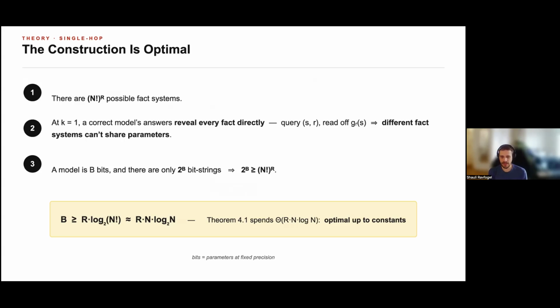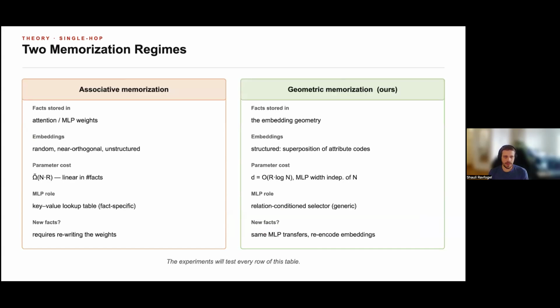So in terms of the total number of parameters, as I've mentioned, we don't do better than the MLP-based solution, just because you cannot do better asymptotically. But we do better in the sense that most of these parameters are cheap. They're in the input embedding matrix. So this presents the two regimes.